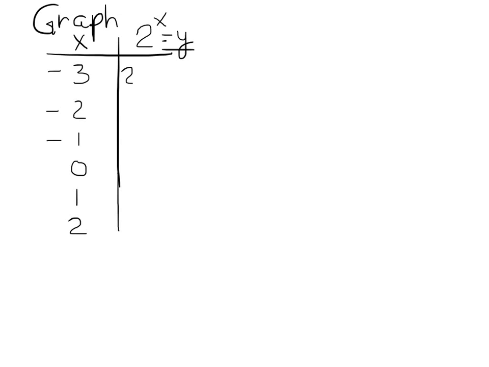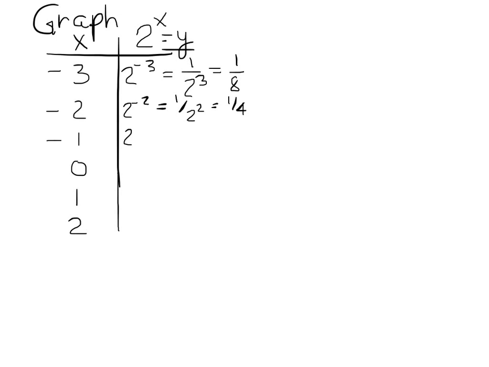And if I evaluate 2 to the -3, remember, a negative exponent means take reciprocal. So this is the same as 1 over 2 cubed, which of course is 1 over 8. So the first ordered pair would be -3, 1/8. Then if I evaluate 2 to the -2, remember to take reciprocal, 1 over 2 squared, so that's 1 over 4.